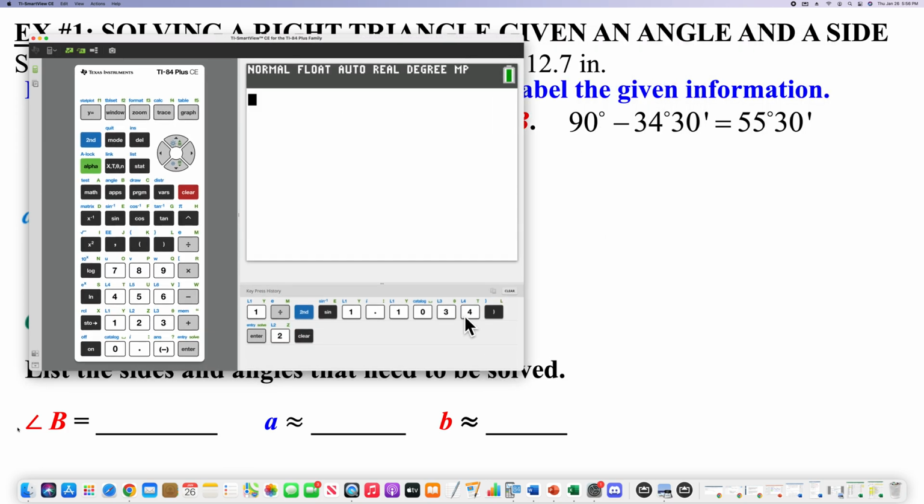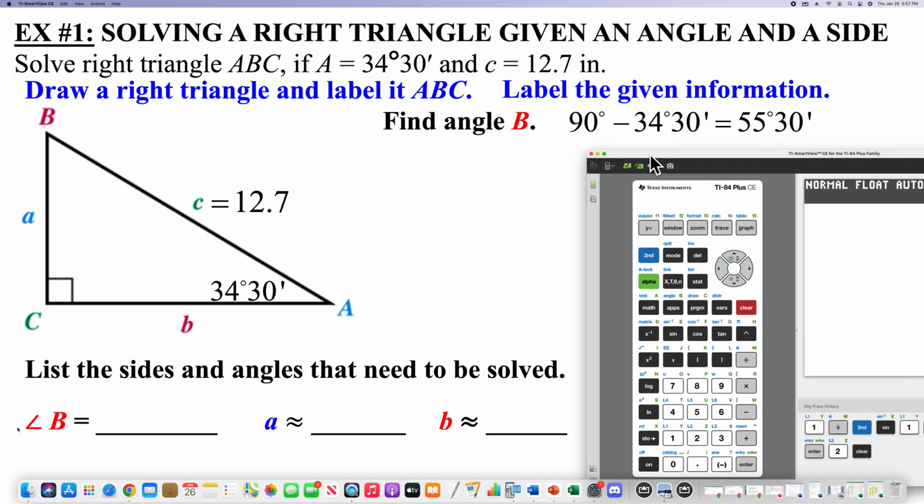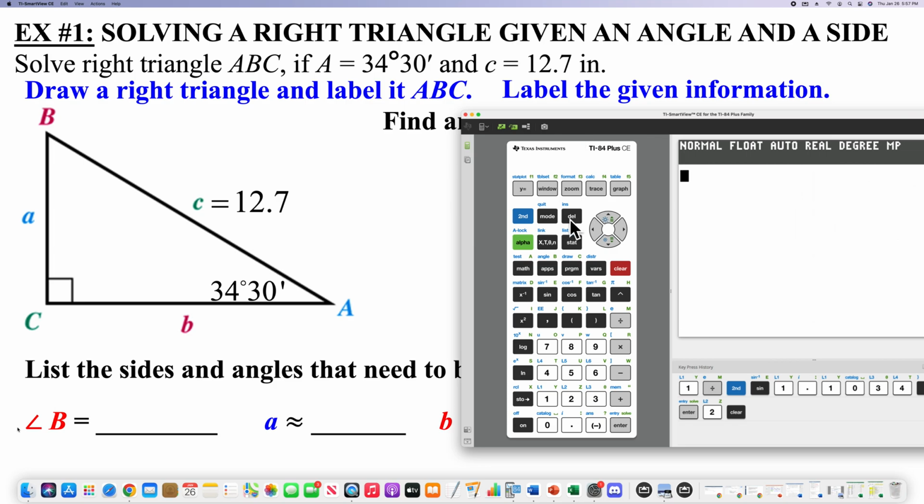Here is a really good idea. Because you are going to want to use the given information for everything you find, a good idea is to store those values.